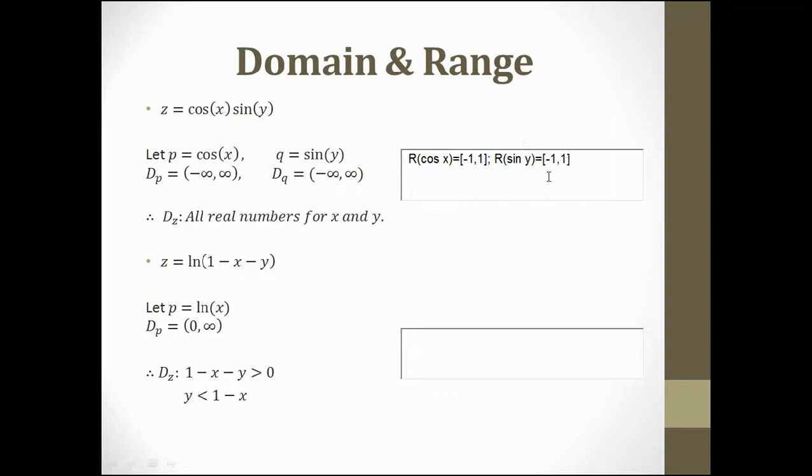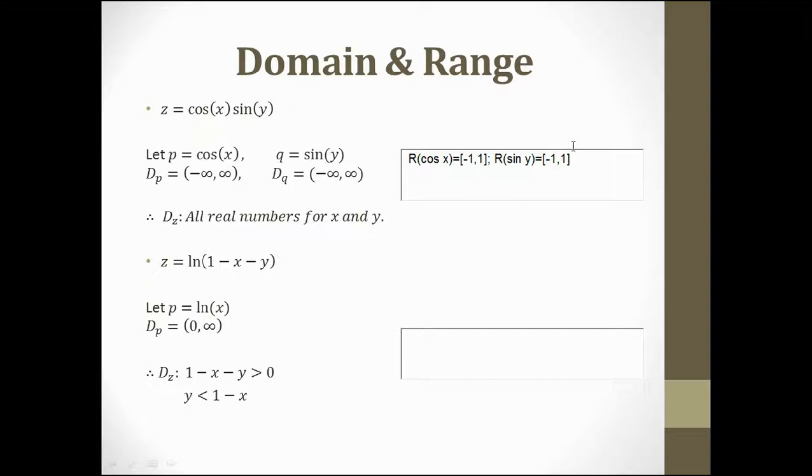So let's just try that. When cosine of x is maximum, then it will be 1. But if sine of y is minimum, then it will be -1. Multiply them both to each other, we'll get -1. And similarly, if we take cosine of x to be minimum and sine of y to be maximum, we'll also get -1.